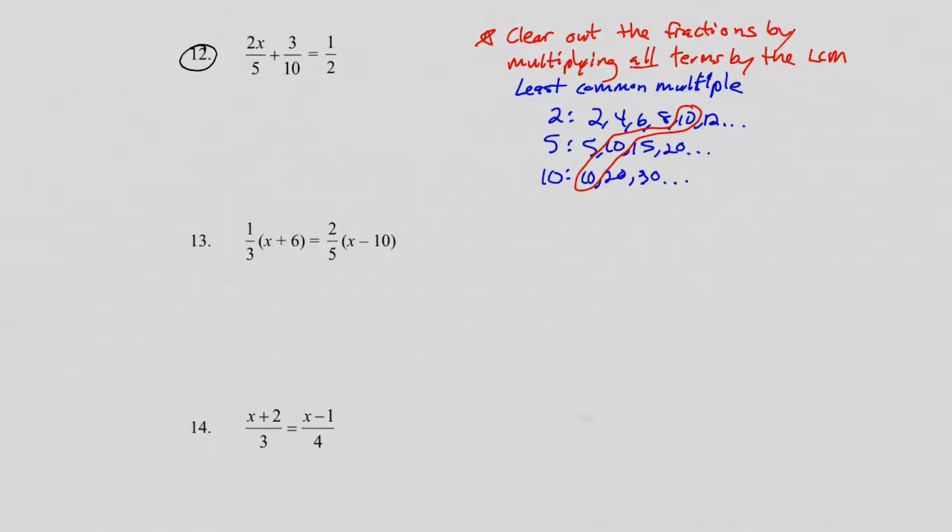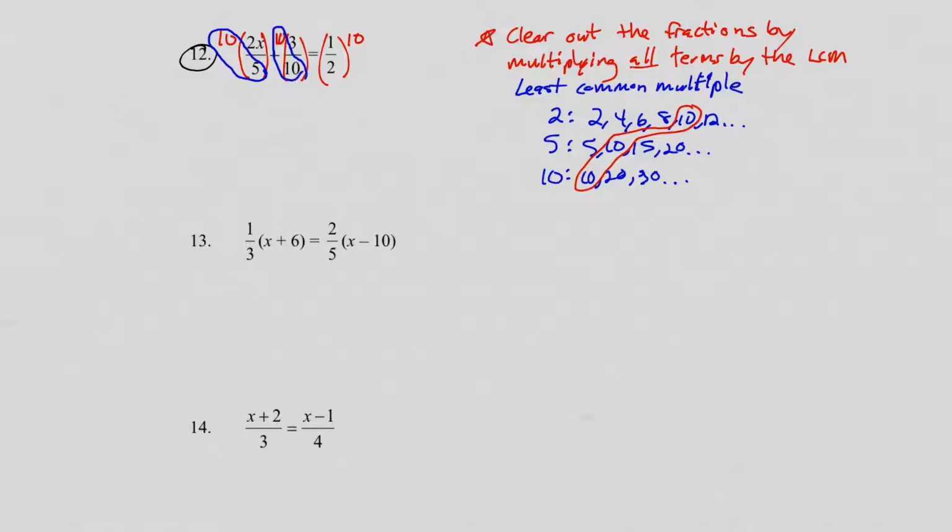So if I multiply all the terms, I'm just going to put a 10 next to every single term here. And what that does is creates a division problem with the denominators that were making this thing annoying.